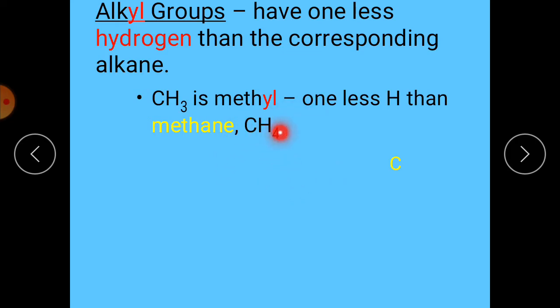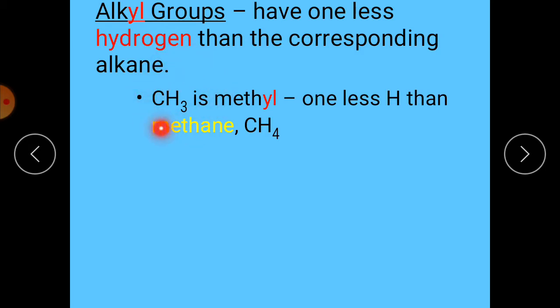For example, if you have methane CH4, you studied this in class 9, and in previous topics I told you the formula of methane is CH4. So you have to remove hydrogen. If you remove one hydrogen, it will be CH3.